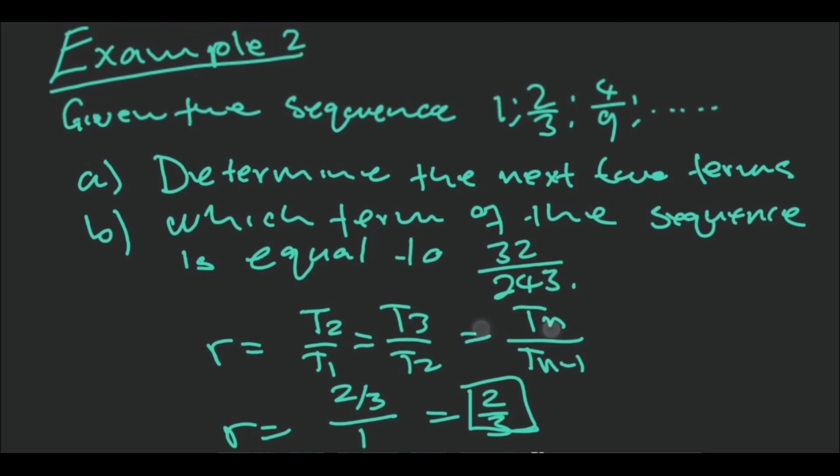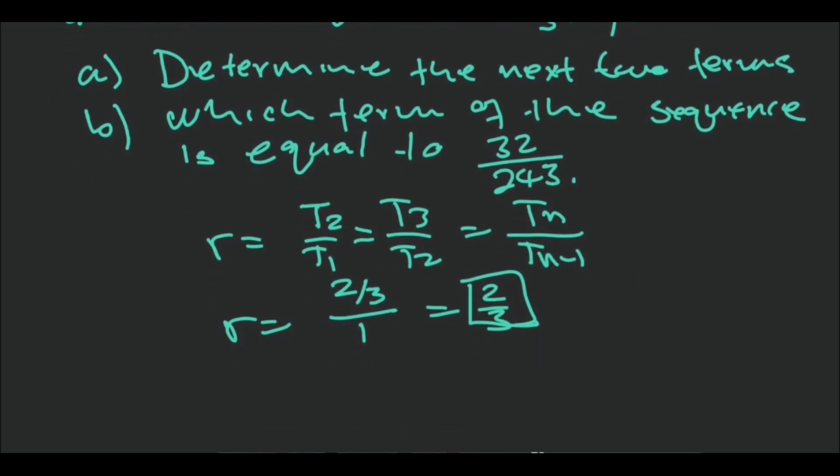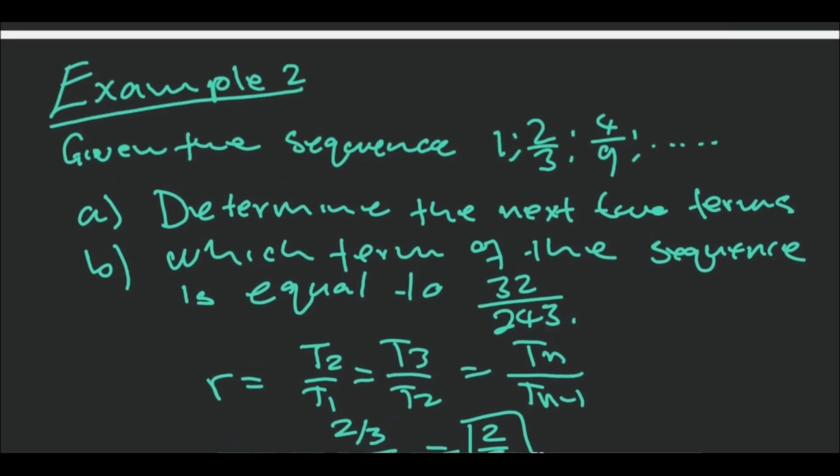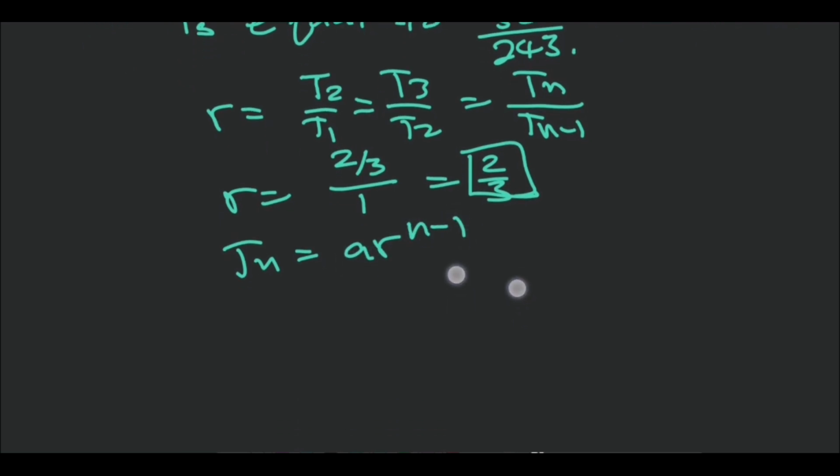So this is our common ratio. What you can do here is use this 2 over 3 to find the next two terms, because remember, to get the next term, you always multiply the preceding term by the common ratio. Or you could take this R and find your general term, which is A R to the power n minus 1.